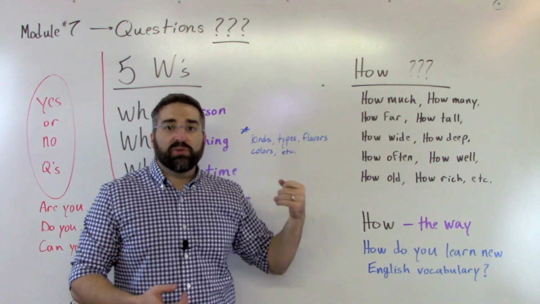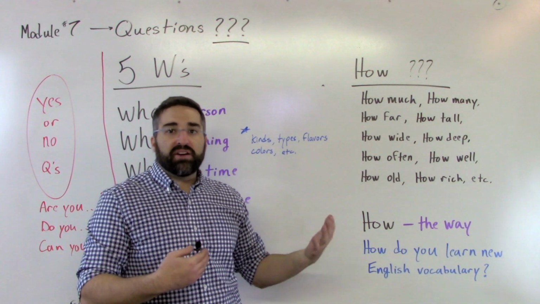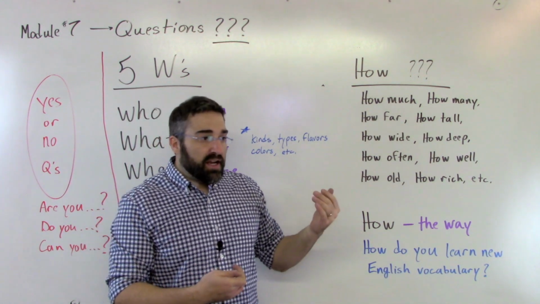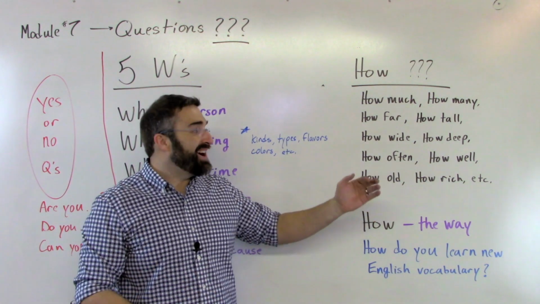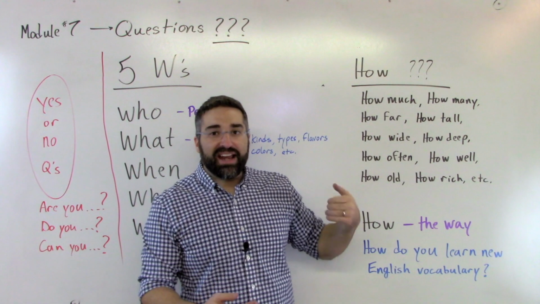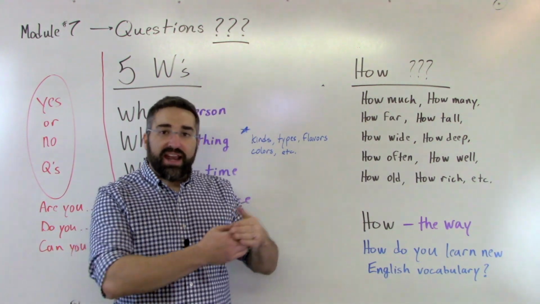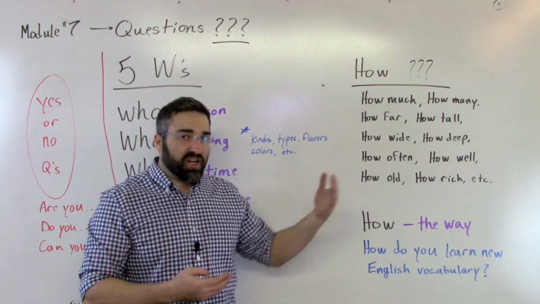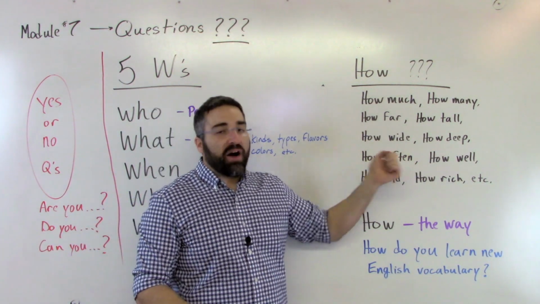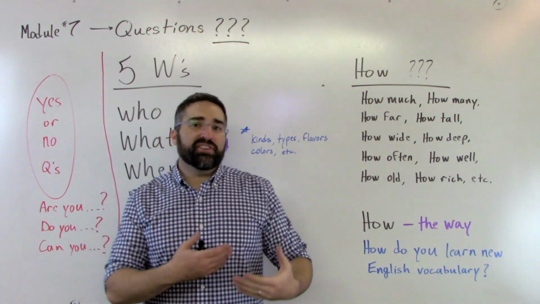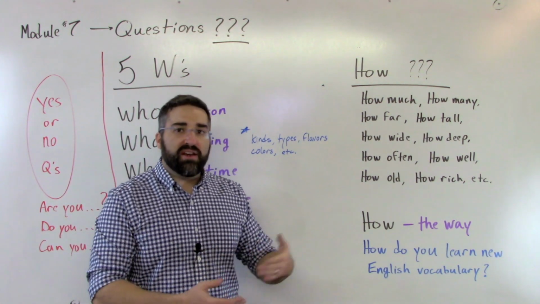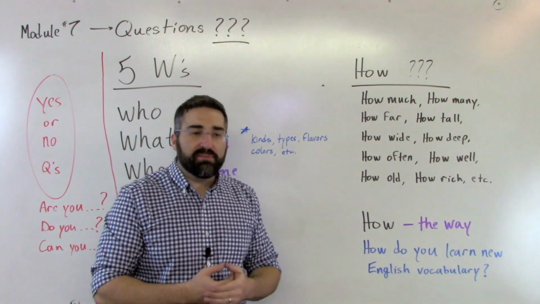How far and how tall? We probably want meters or centimeters. It could possibly be yards or feet, depending if you're in the United States or not. Yes, we're strange here. How wide and how deep? So again, a measurement of distance. So we're going to look at kilometers or meters. How often and how well? These kind of describe behavior, things that people do and when, or the amount of times they do them.